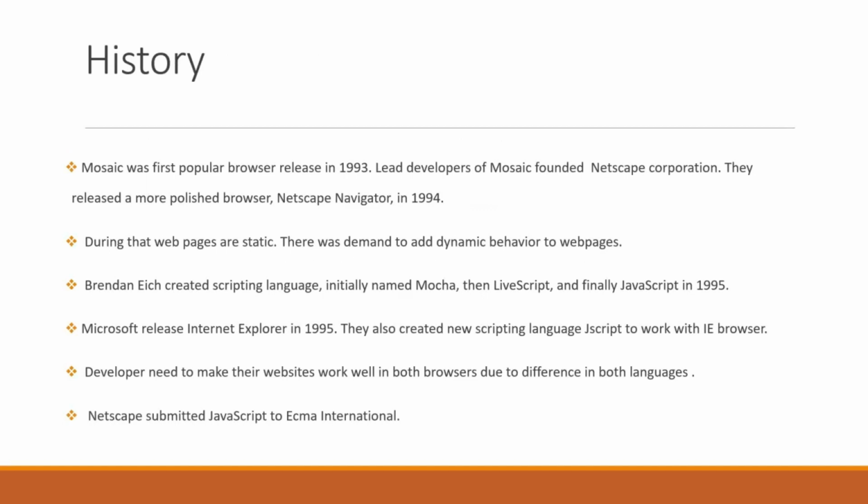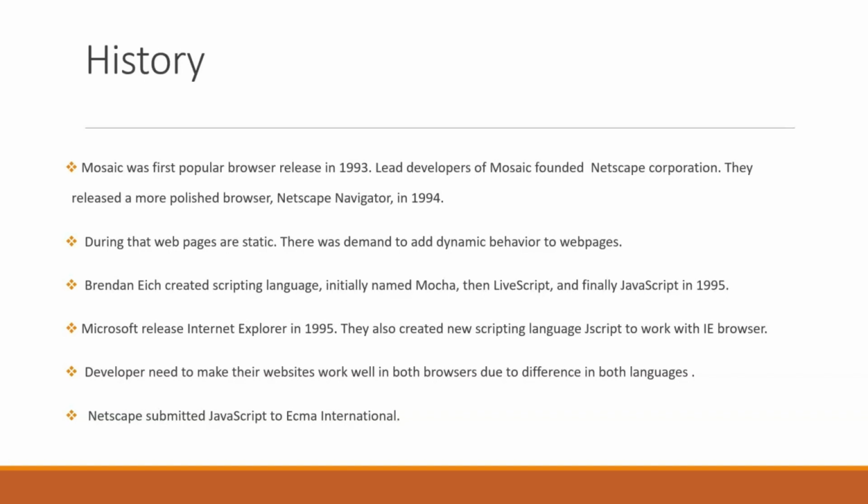And JavaScript history. Before going to learn about individual JavaScript concepts, it is good to know when JavaScript was created and what is the story behind it. Mosaic was the first browser, released in 1993, and its lead developers founded another corporation, that is Netscape Corporation, and they released a new browser with the name Netscape Navigator in 1994.